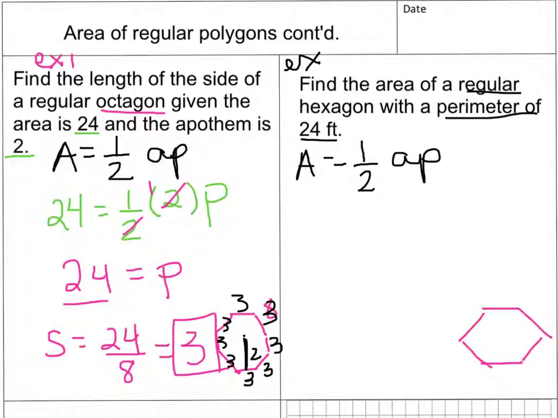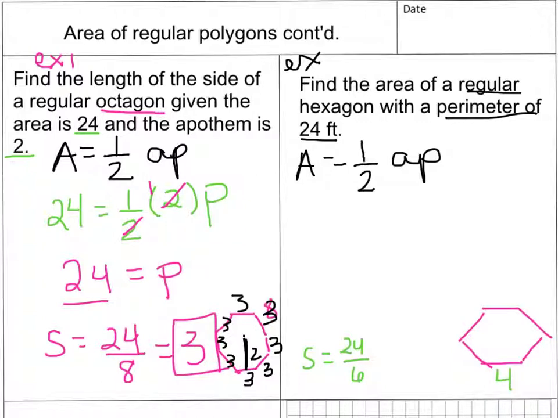I know that it's a hexagon, it's regular. The perimeter is 24 feet. Kind of going off of the last example, how long is each side? If it's 24, I can take 24 and divide it by 6, so each side is 4.